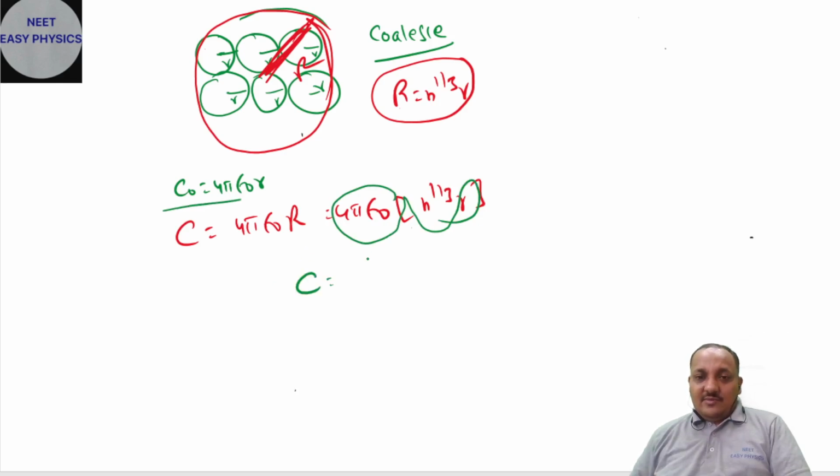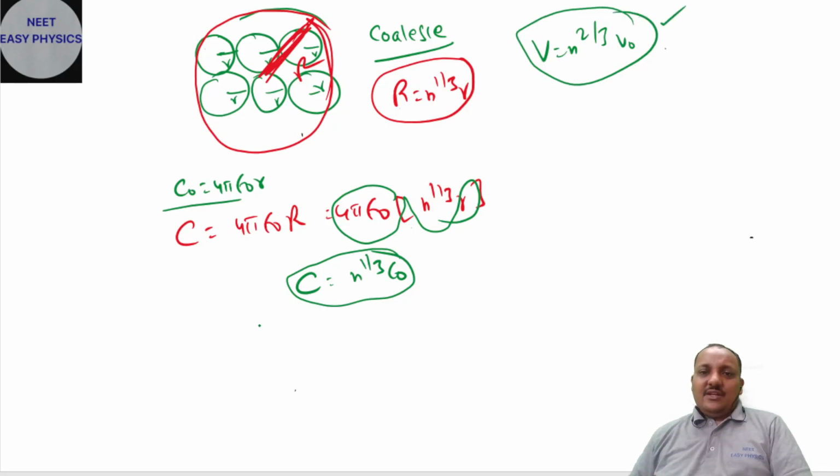So the bigger capacitor is n power 1 by 3 C naught. What we got for the voltage formula? N power 2 by 3 V naught. This is for voltage. For capacitance, what we got? N power 1 by 3. This is if n identical similar drops are coalescing each other, what is the capacitance of the bigger capacitor? Okay. Now practice some problems on these equations.